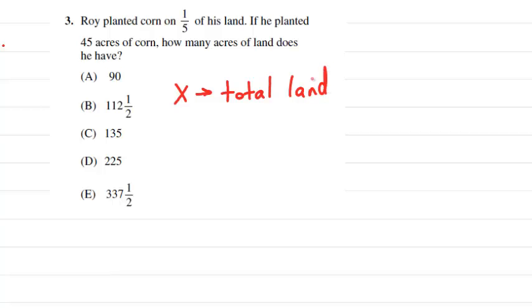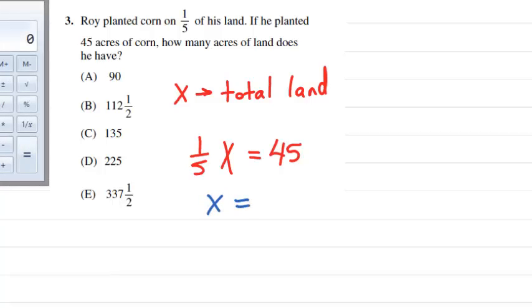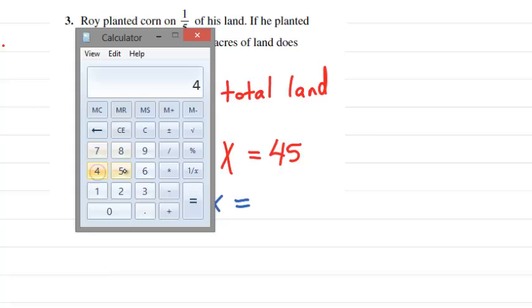Once I've created that, it's easy to say that 1/5 of his land came out to 45 acres. Now we can just multiply both sides by 5, and x equals 225.